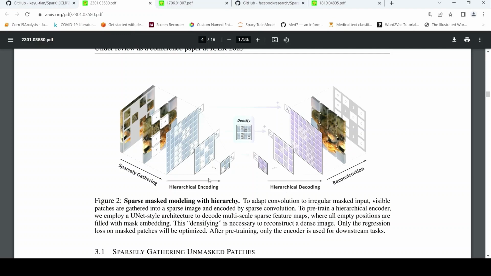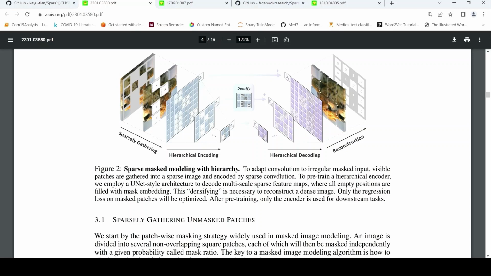Once this network is pre-trained in this fashion, you can use only the encoder part for your downstream tasks, just like BERT. In BERT you do pre-training on language, on your text, and then you use the encoder representations, the embeddings, for downstream tasks. It is a similar technique here.